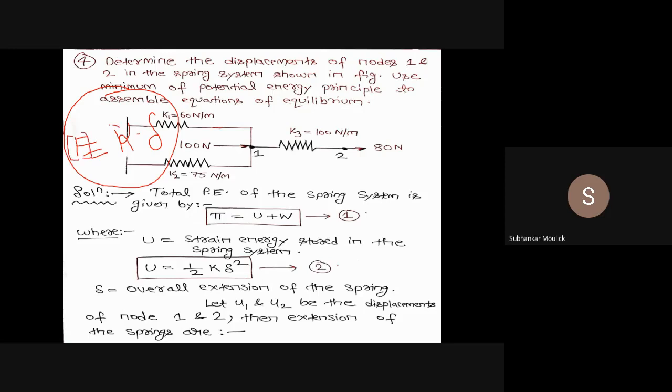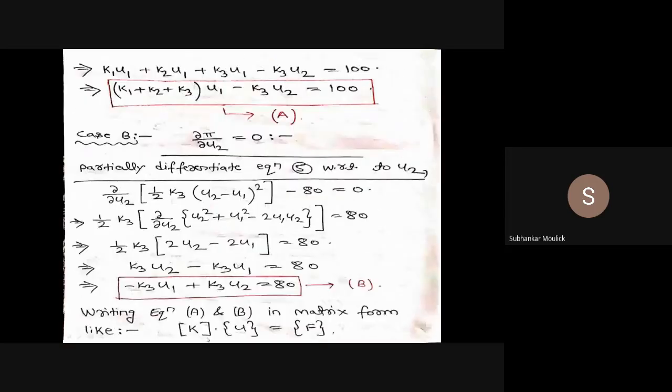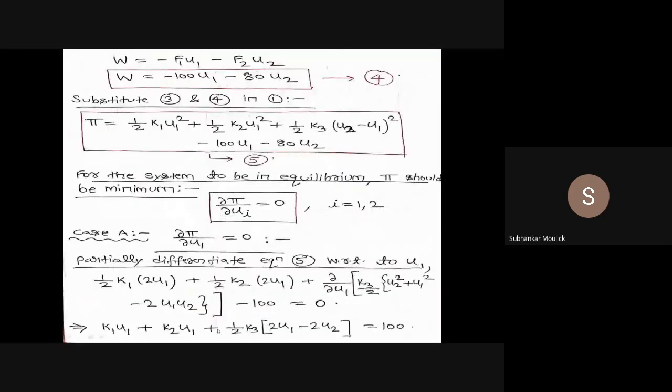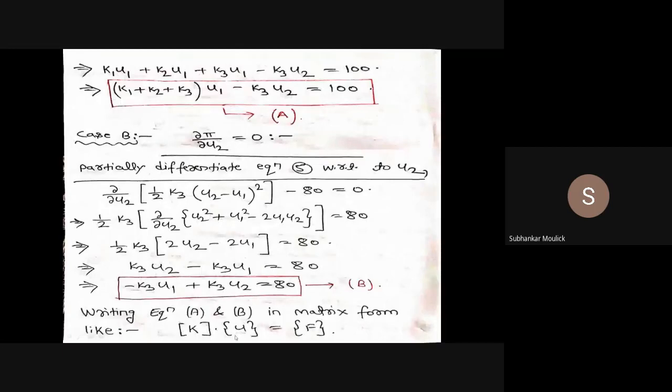Matrix F is equal to matrix K into matrix delta, that is K matrix into U matrix is equal to F matrix. This K matrix is known as the global stiffness matrix for this particular problem. This U is known as the displacement field vector, and this F is your nodal force vector. So writing equations A and B in this form, let us write.